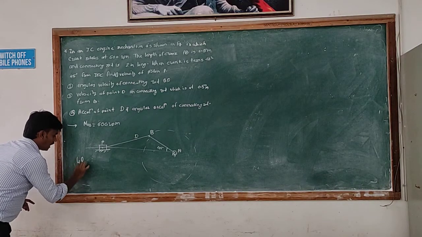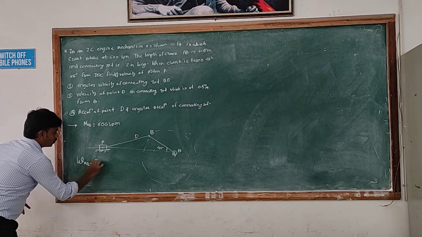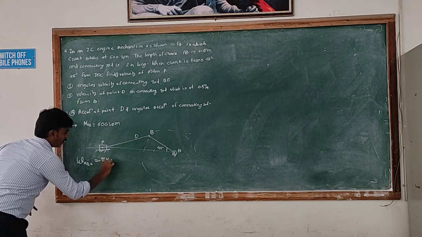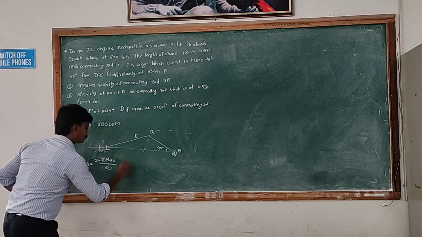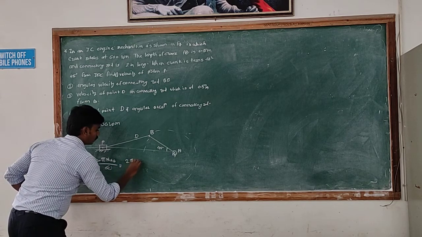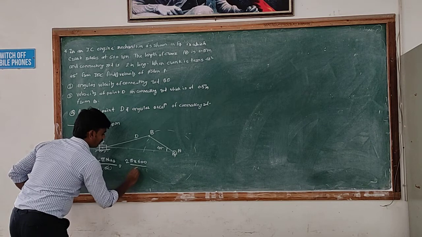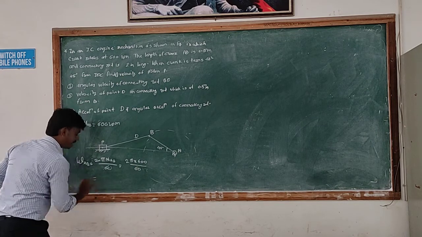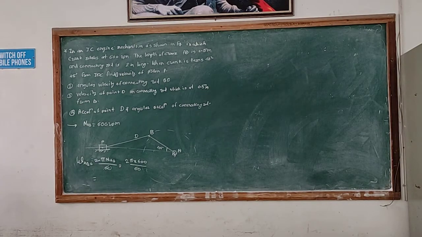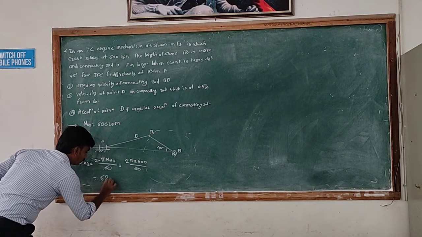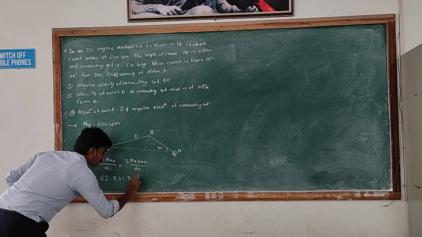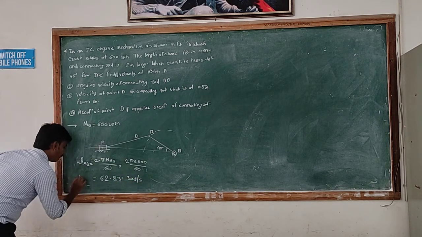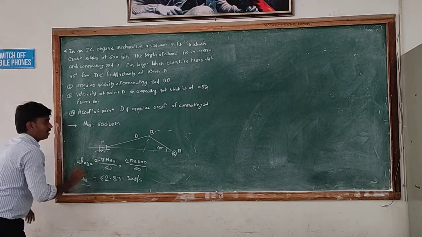So omega of AB is equal to 2 pi N of AB divided by 60, that is equal to 2 pi into 600 divided by 60, and its value becomes 62.831 radian per second. This is the angular velocity of the crank AB.